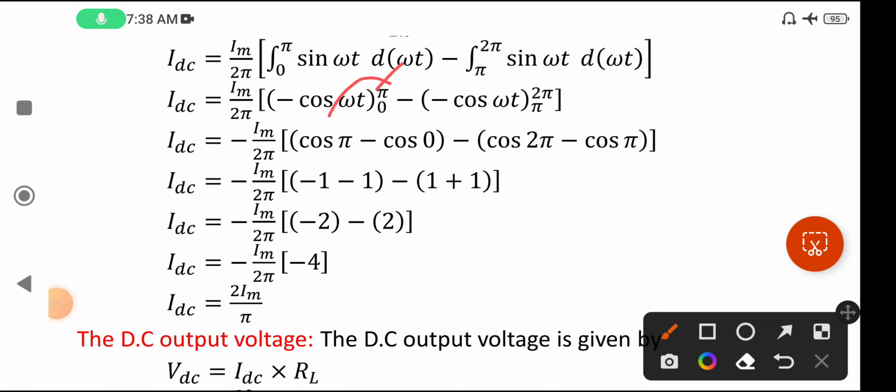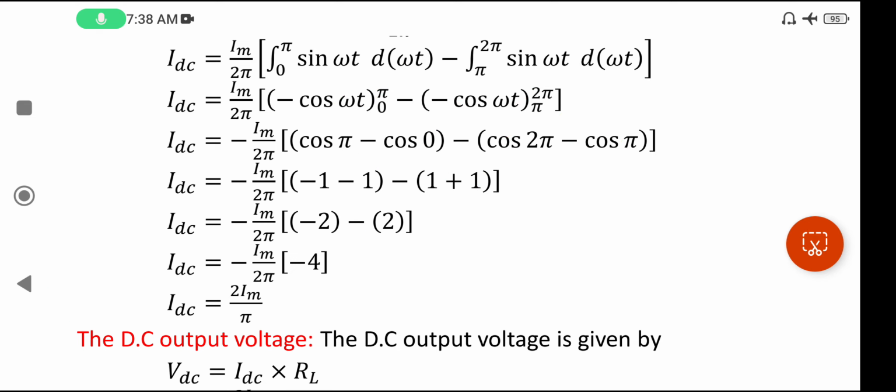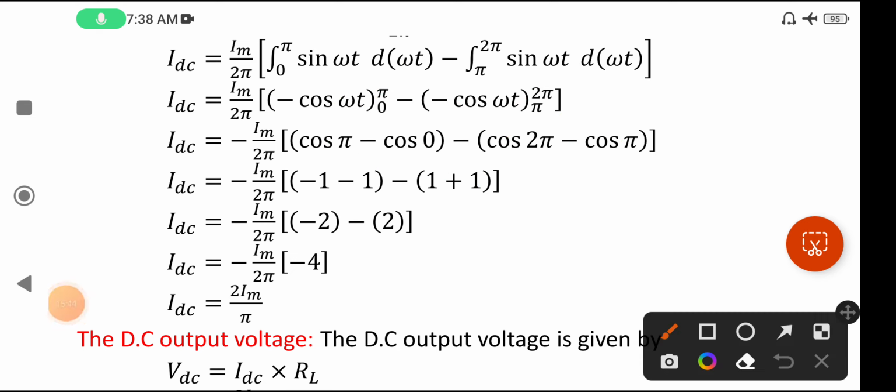Cos pi we know is minus 1, and cos 0 is 1. Cos 2 pi is plus 1. Cos pi is minus 1, and minus minus becomes plus. So minus 1 minus 1 is minus 2, plus 1 plus 1 is 2, and it is minus 2.